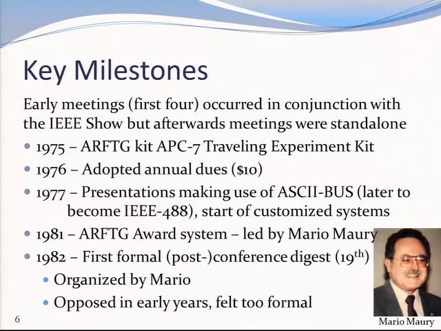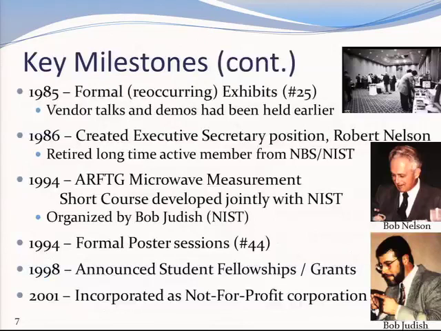Finally, at the 19th conference, we started doing conference papers, and that's where Mario pulled me in to start actually doing work at the AdCom level and things like that. In '85, recurring exhibits started.